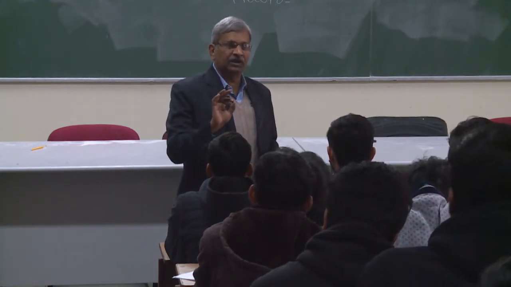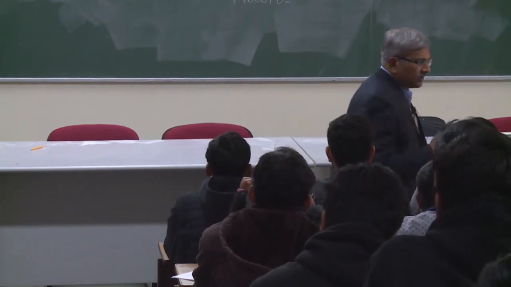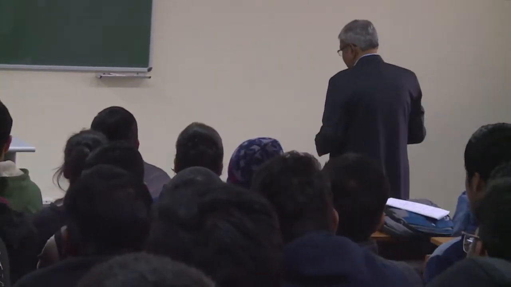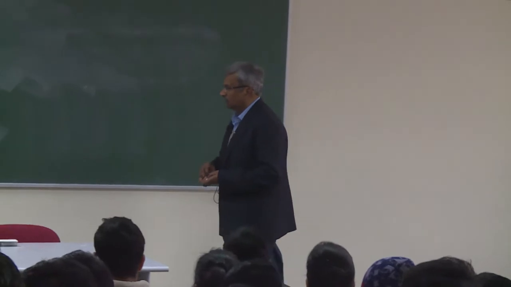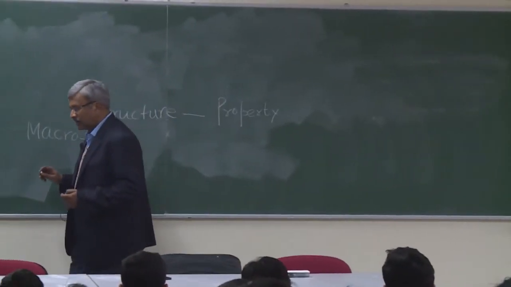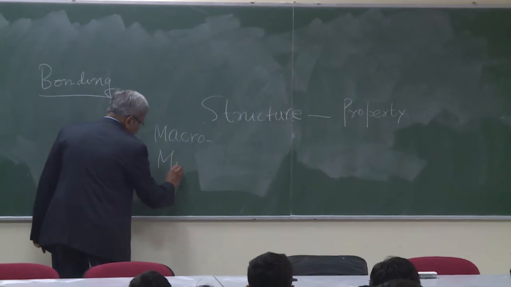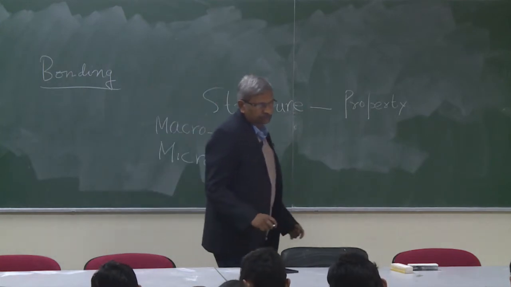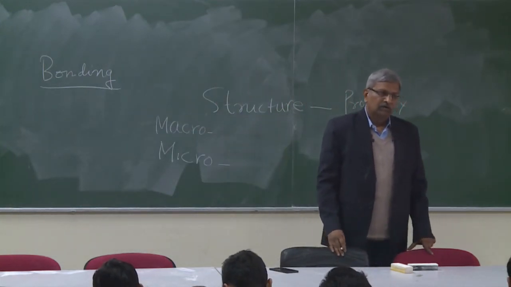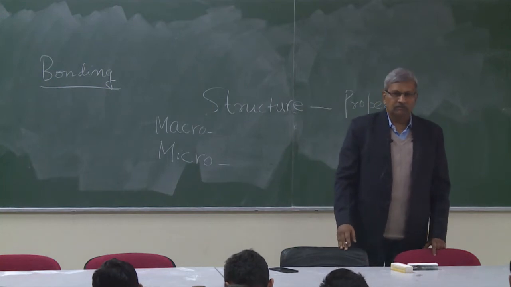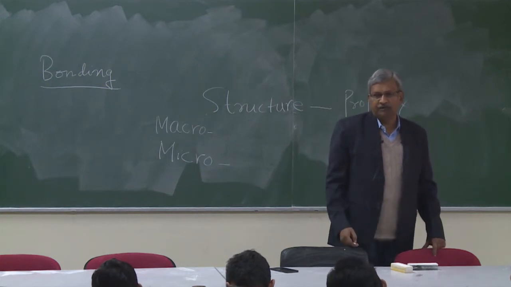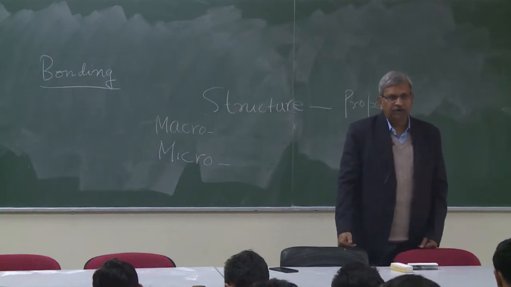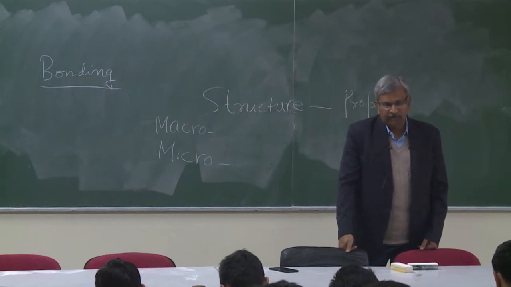Something that you cannot see with the naked eye, whatever nature has given us, then this structure refers to microstructure. And microstructure is very, very important for manipulating the characteristic of the material to yield desired property.